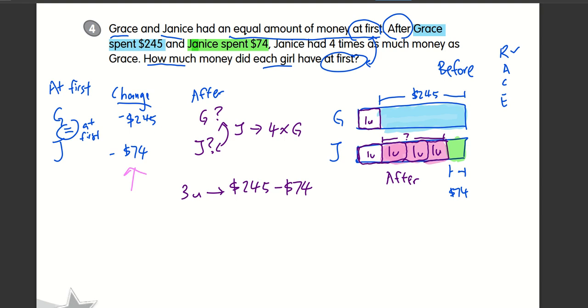The fact that Janice spent less and Grace spent more, and then they end up with the relationship changed to a unitary one, you could see that 3 units is the difference in spending. Then that means you could find that 1 unit. Once you are able to find that 1 unit, can you find at first?